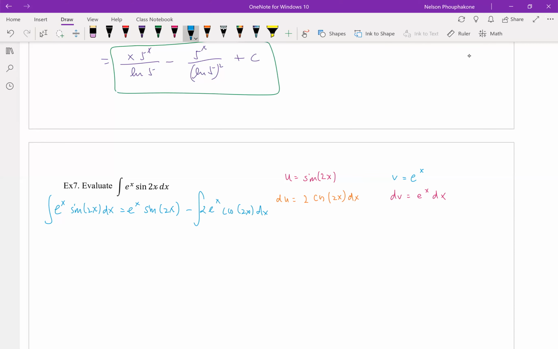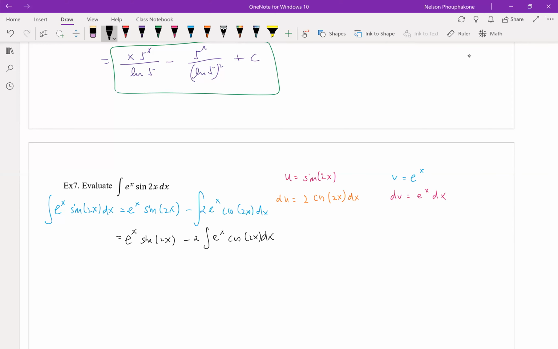Okay, this is what we have. Then now we will have e to the x sine of 2x minus 2 times the integral of e to the x cosine of 2x dx.